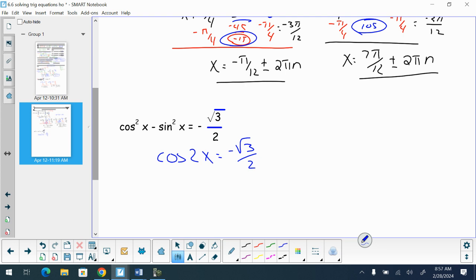Take your inverse cosine of both sides. We get two solutions.